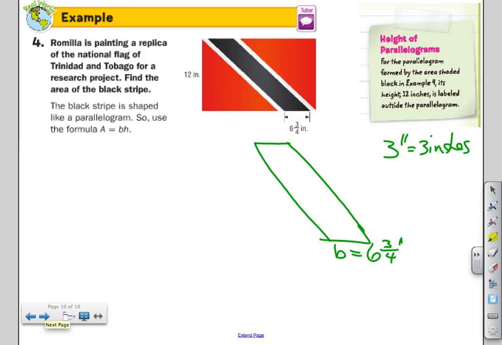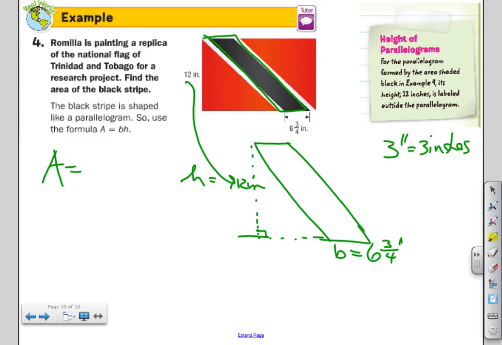All right. The height, the perpendicular line, is way over here. And if you look, it is 12 inches. That is the height. So to find the area of just this black part, you would go A equals the base, 6, and I'm going to change that to a decimal, 6.75, times 12.